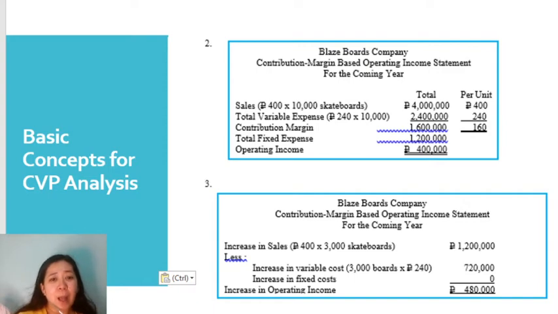So again, you can use either the format presented in number 2, that is the total approach, or number 3, the incremental approach. We will still arrive at the same answer. So the difference or the increase will be 480,000.